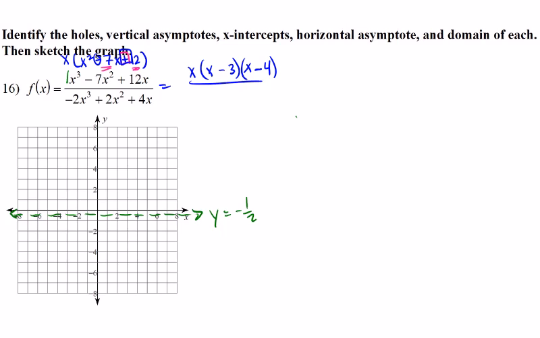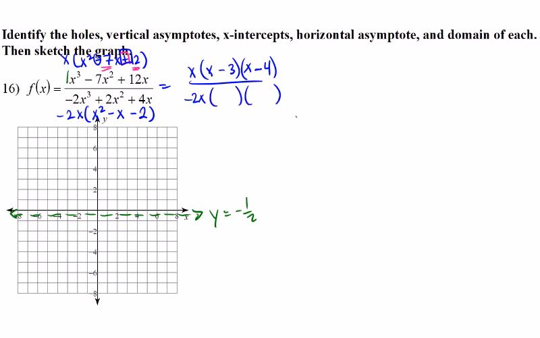Then on the bottom, I'm going to factor out a -2. Let me do it over here first. So it'll be -2, and then x is common as well. So this will be 1x squared positive minus 1x, and then minus 2, right? Okay, so I'm going to set it up in a similar way.